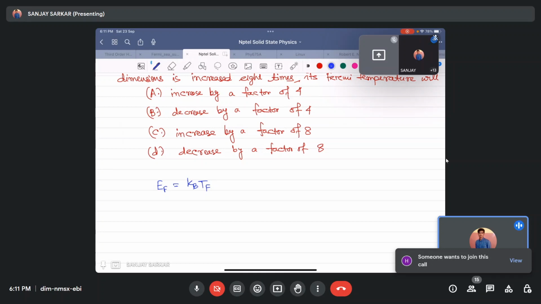So however this will change, TF will change in the same way. So calculate EF for these two and let me know the answer.